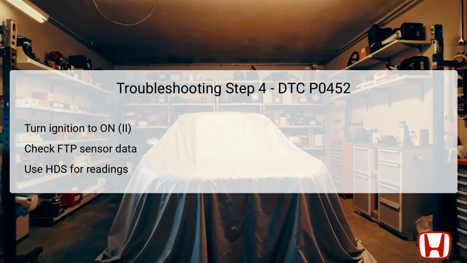In the fourth step, turn the ignition switch back to on (II) to activate systems again, enabling the collection of essential sensor data. At this stage, the technician should check the FTP sensor readings using the HDS to see if the values are about -7.3 kilopascals, -2.16 inHg, -55 mmHg, or 0.3 volts or less.